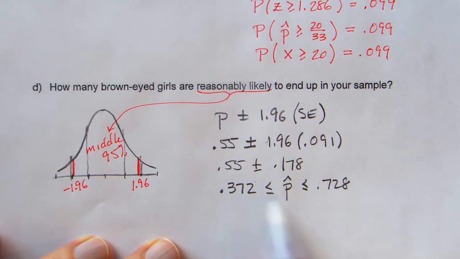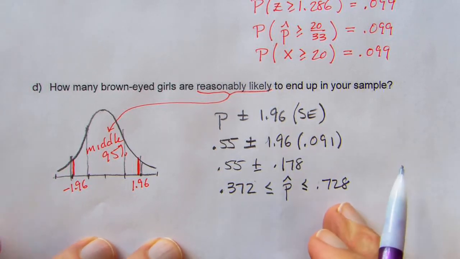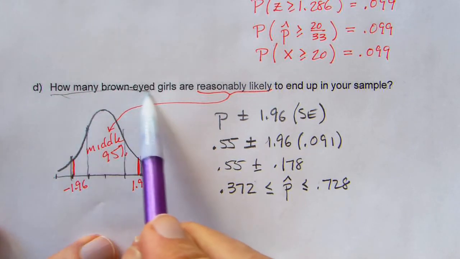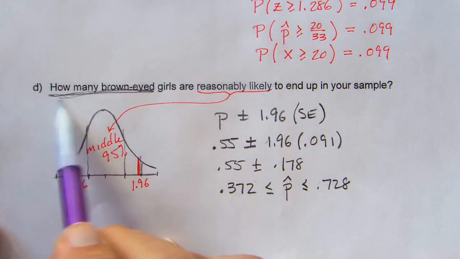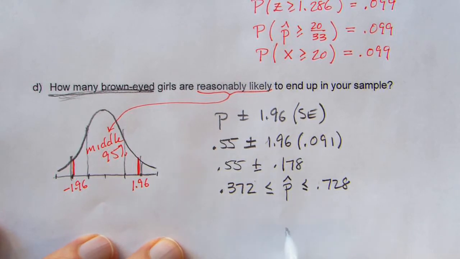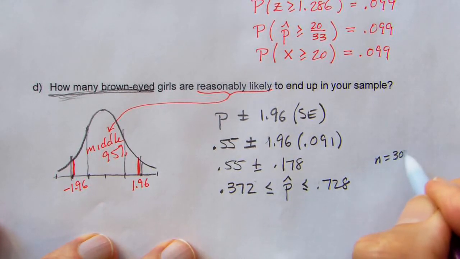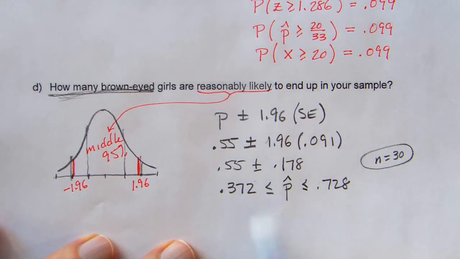So this would be what we call the reasonably likely sample proportions. Now, we have to be a little careful. This didn't say what proportions are reasonably likely. It actually said how many, so number. So we have to remember this is a sample size of 30. And so we have to apply these percentages to 30. So we have to multiply each of these by 30.